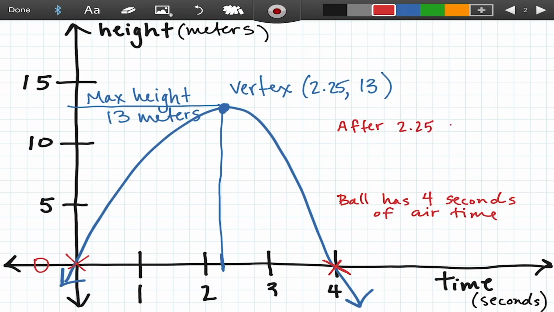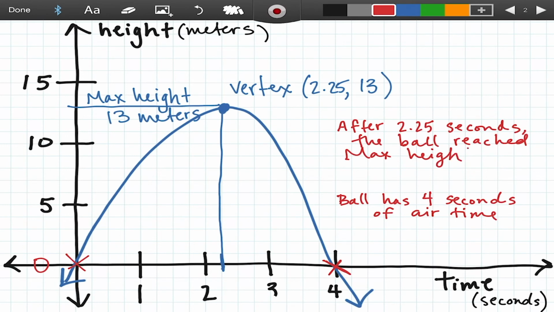After 2.25 seconds, the ball reached its maximum height. Right? Because at that point, it started to come back down. Okay, we're not in space. We have gravity. It's going to come down.